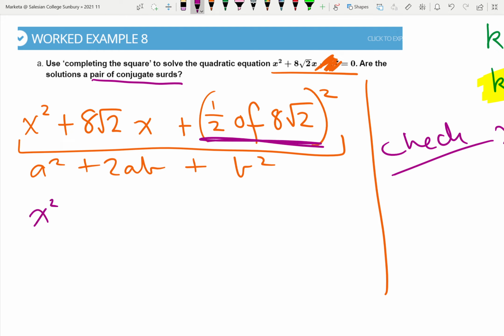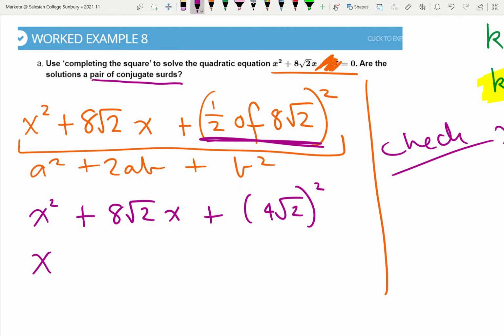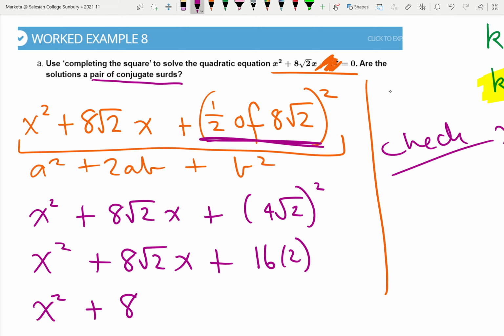So that's x squared plus 8 root 2x. Half of 8 root 2 is 4 root 2 squared. So x squared plus 8 root 2x plus 4 squared is 16 times root 2 squared is 2. So x squared plus 8 root 2x plus 16 times 2 is 32.